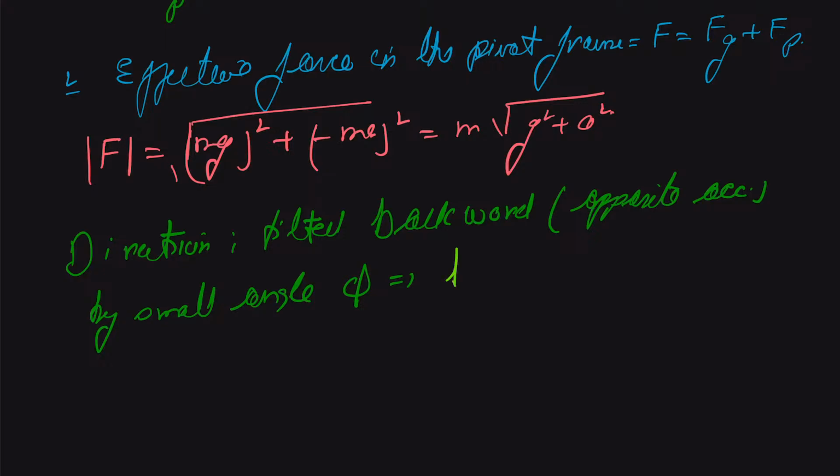Therefore tangent of phi will be equal to A upon g. And now we can find the equation for the motion of the pendulum, which we already know how to solve.